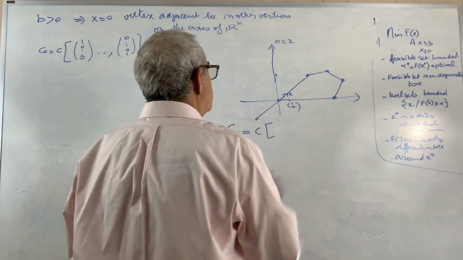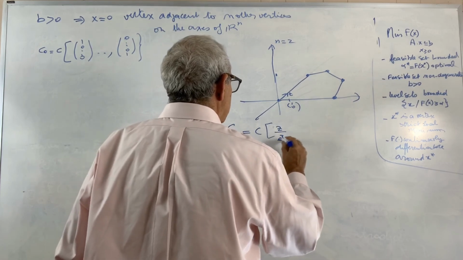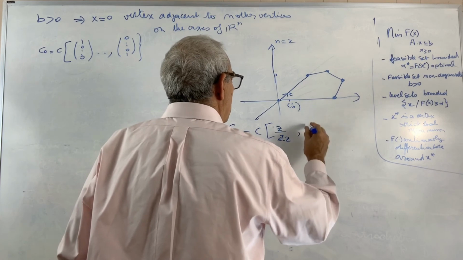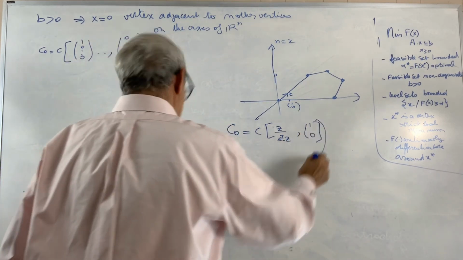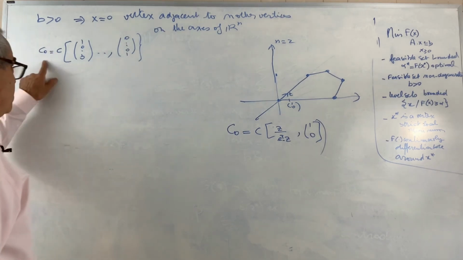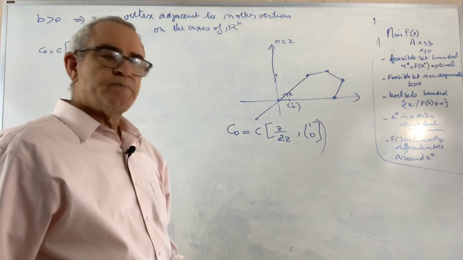I could start with z over E transpose z and 1, 0 in this instance. So it's no longer the cone defined by the basis of Rn, but it's this cone here.